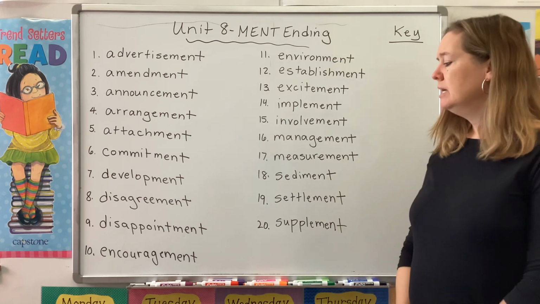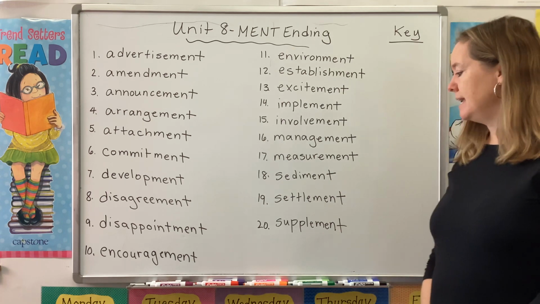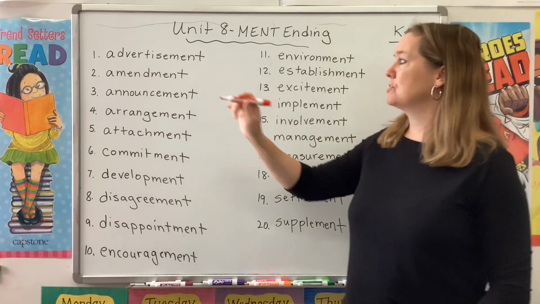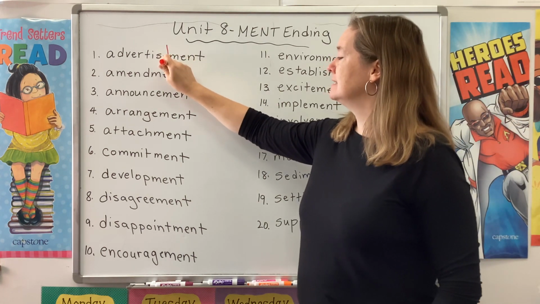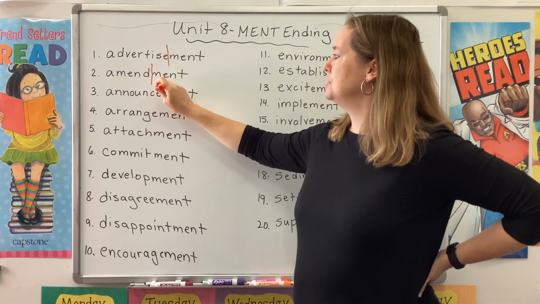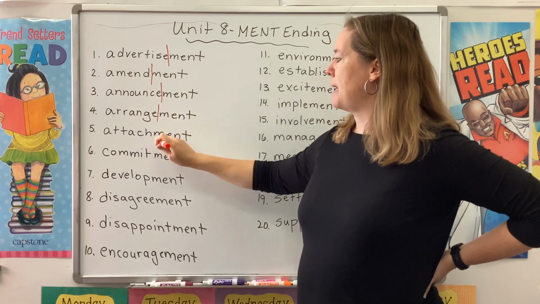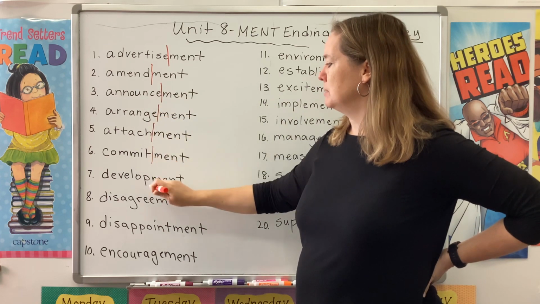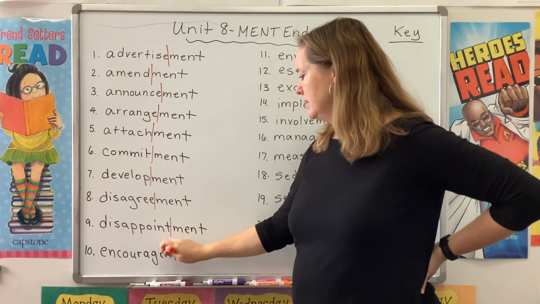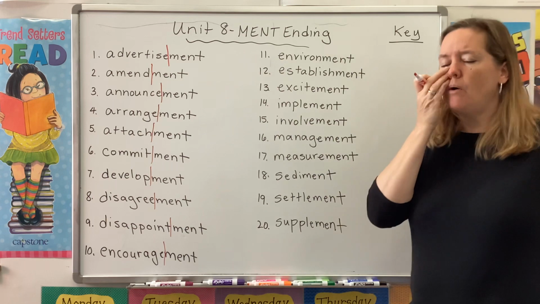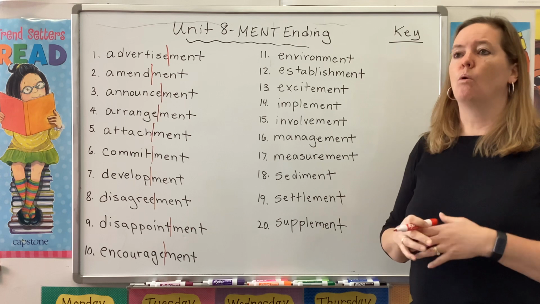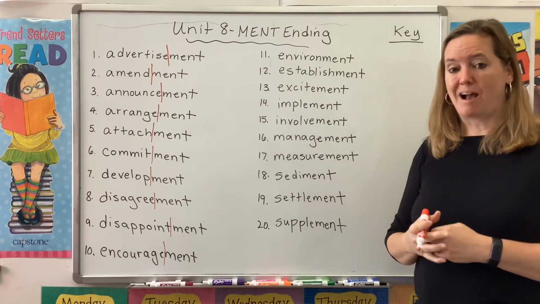Okay. Just as we always do, I want to take our words and divide them into syllables. But I want to start with that MENT syllable. In each of our words, I want you to just slice off that MENT syllable. And you know how you've learned in the past that when you add a suffix like ing or ed, often you have to drop that e.